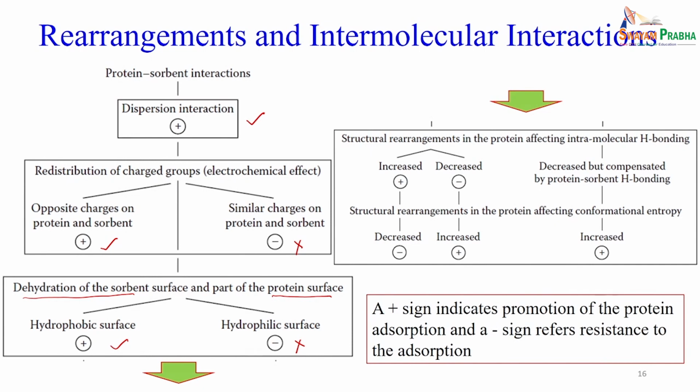Followed by this, there will be structural rearrangement of the protein, which may also affect the intramolecular hydrogen bonding. Now we are talking about the making and breaking of different hydrogen bonds.